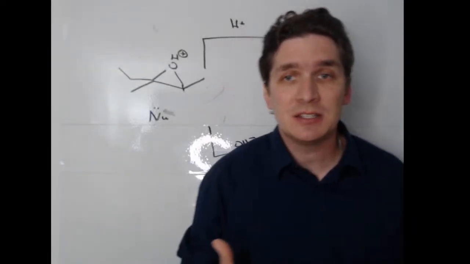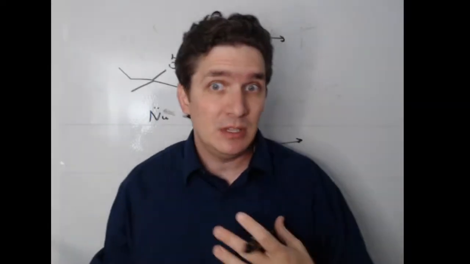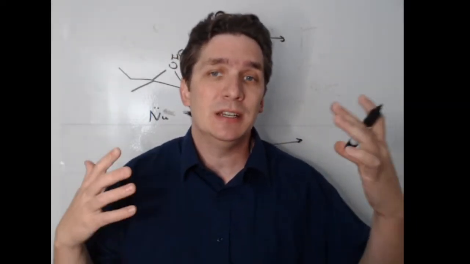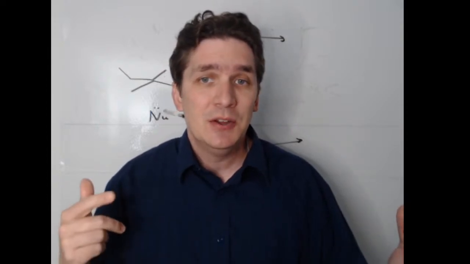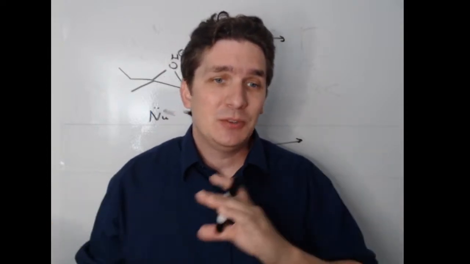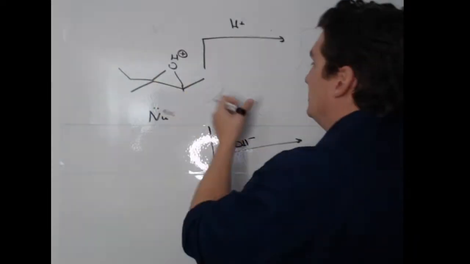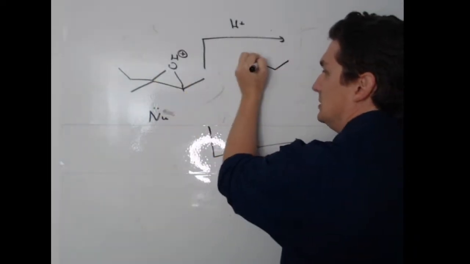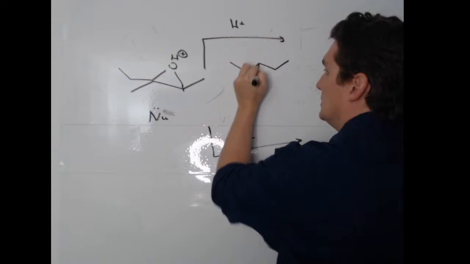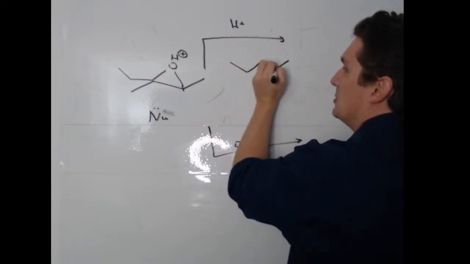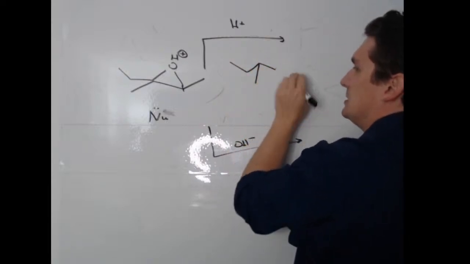In fact, if you look at a lot of the mechanisms for ring closing, they're in equilibrium, they're reversible, and because of that, we end up having basically the reaction go in reverse from what we'd expect for the acidic or basic. So first thing we're going to do is protonate our oxygen, and then we're going to open it up to a carbocation, and this is where it's going to get dicey.